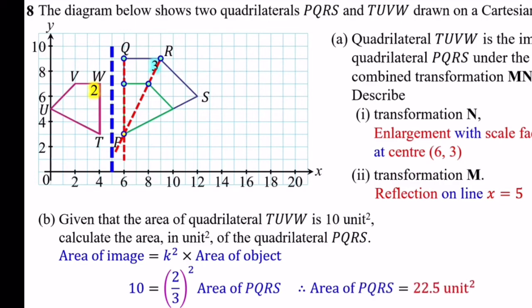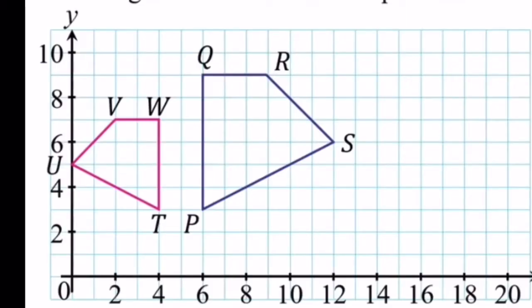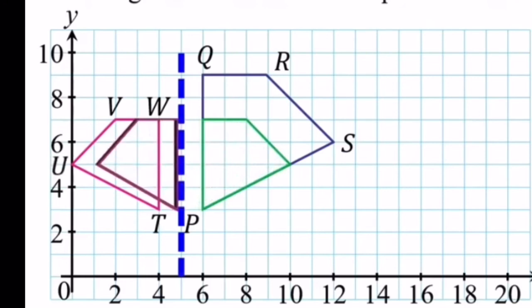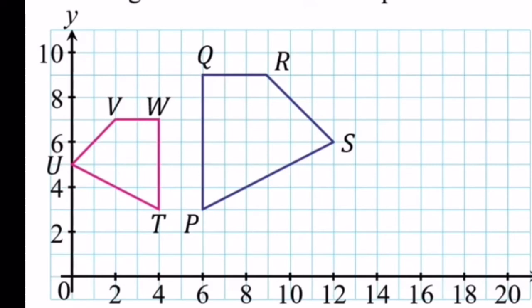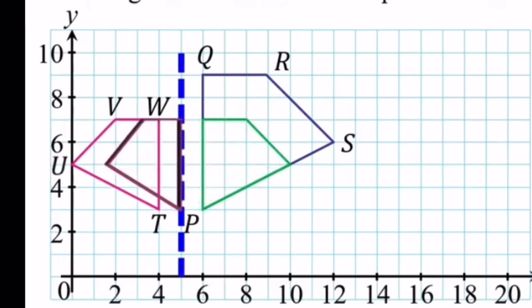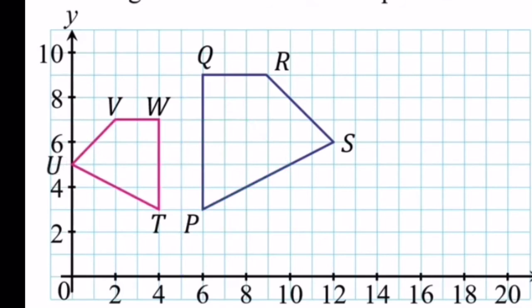So we will solve the question by using the concept of enlargement. So you see the blue one will become the green one, that is the first image, and then the green one will be reflected about the blue line, which is the line of reflection, to get the final image, which is the pink color. So we will describe N as enlargement with a scale factor 2/3, because the scale factor is length of image over length of object.